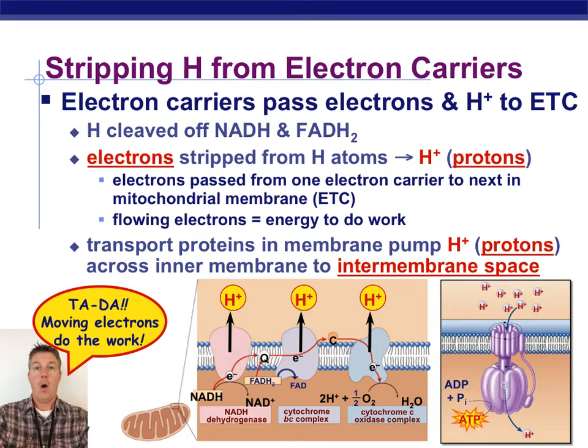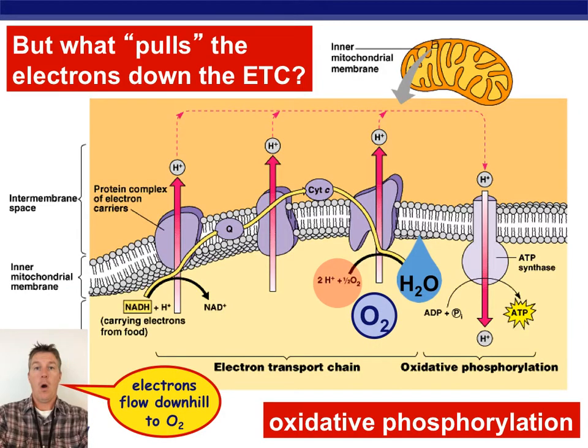So it's these transport proteins in the membrane that are actually going to pump across the protons, the hydrogen ions. So in the electron transport chain, the oxidation of these electron carriers is going to be an exergonic reaction, and that energy is going to be used to pump across the protons.